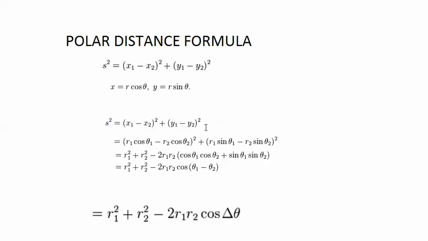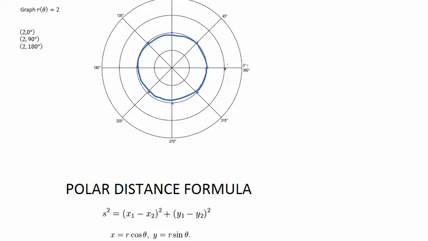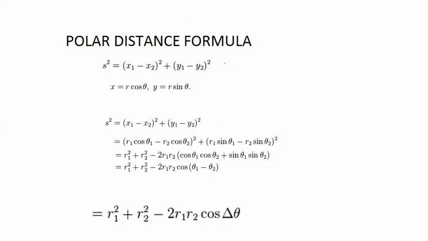Okay, the last thing we're going to think about is our distance formula. So if we had 2 points, 1 point here and 1 point over here, and we were trying to find the distance between those 2 points, we remember from algebra that we can use this distance formula. Essentially, it's just a version of the Pythagorean theorem.